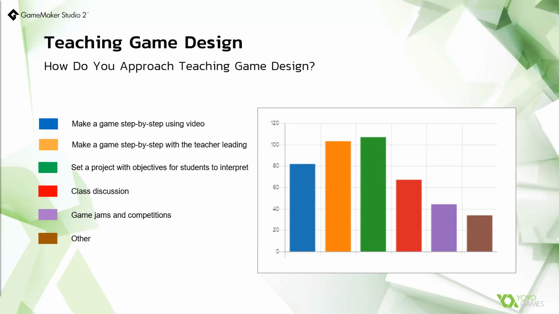And the green one, which is set a project with objectives for students to interpret. This is the one that tends to happen at age 15 to 16. So we'll talk about what support materials we have for that type of teaching as well.